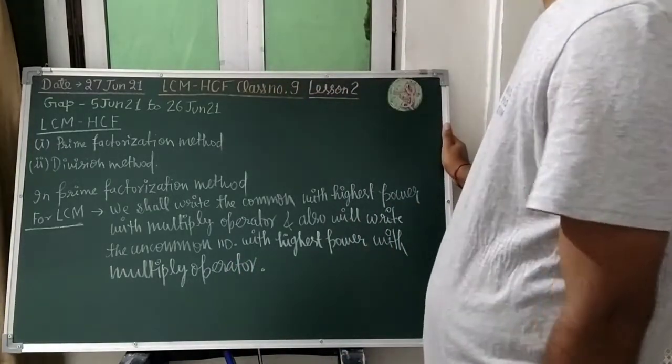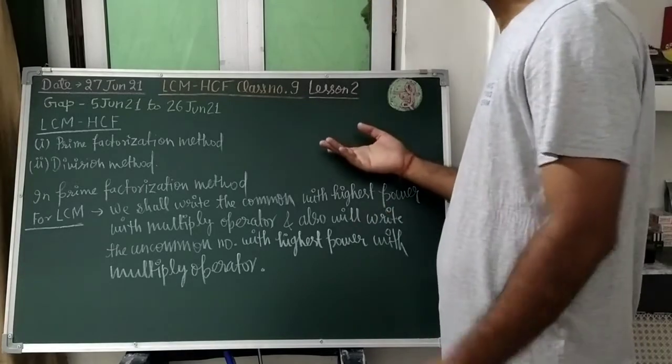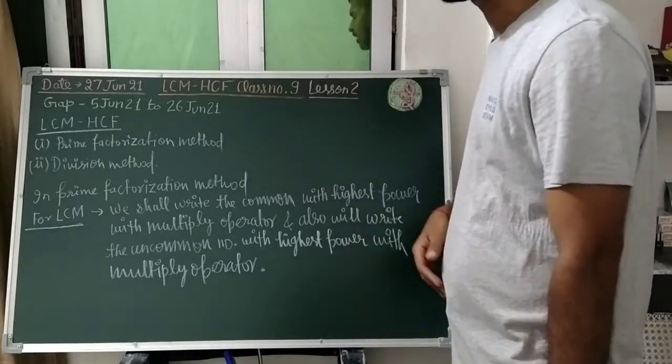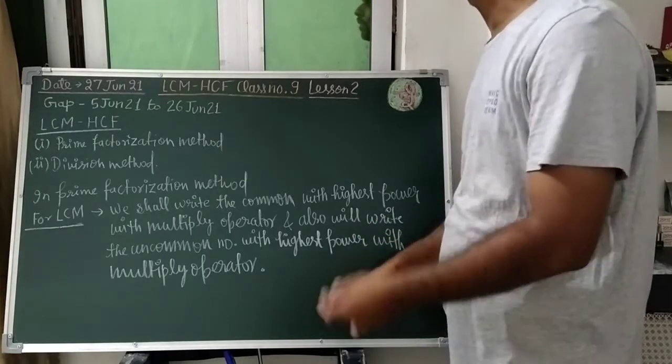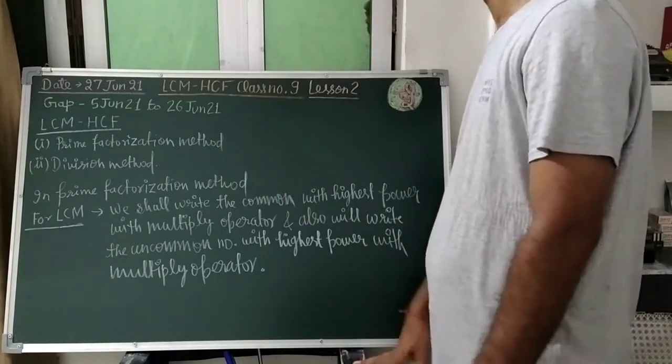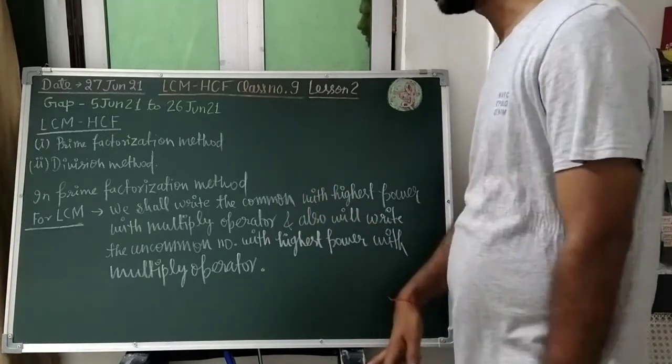Okay, students. So we were studying the LCM and HCF, and in the previous class I had selected a problem in which we were finding the LCM and HCF by the prime factorization method.